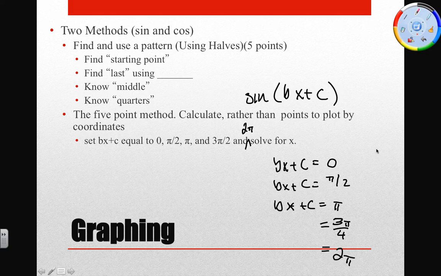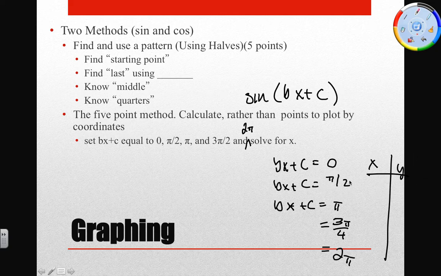Just for those 5. Once you get those x values from this, you can create a table. Those x values go there, and you just plug it in to find the y values, and that will work every single time, and you don't really have to think too hard. You just do these simple calculations, use your x values, and find y values.